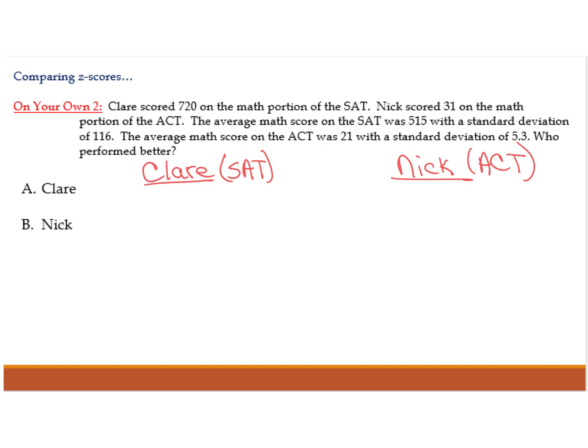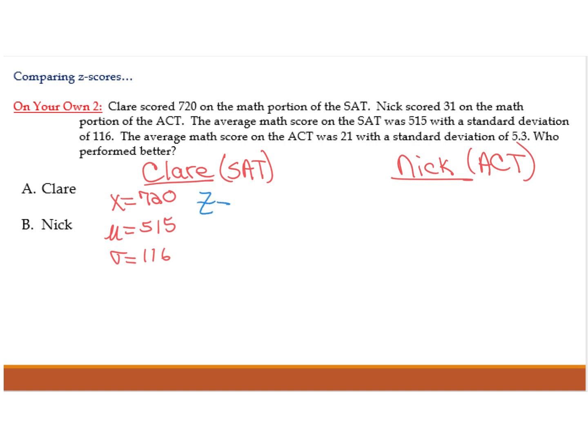So I'm going to list the information that I know. I know Claire scored 720, so that means x equals 720. On the SAT, the average was 515, so that means the mean is 515, and the standard deviation was 116. So I can go ahead and compute what Claire's z-score is.